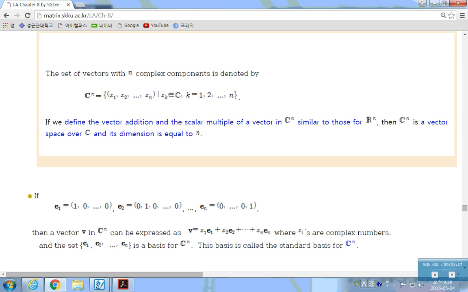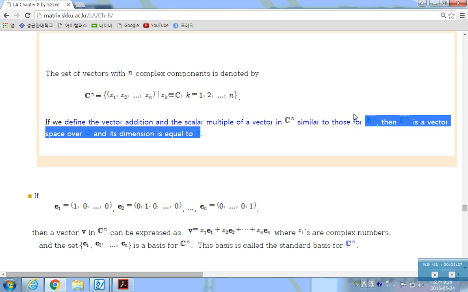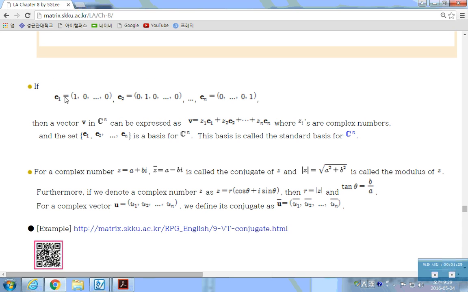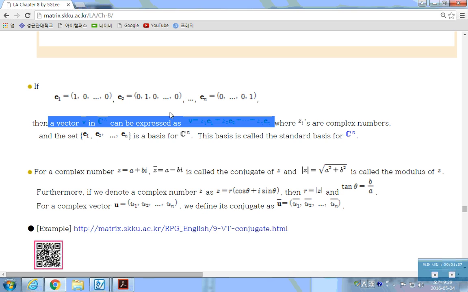Okay, the important thing is it's not R here. If Cn is a vector space over C, then its dimension is n. This is the important part that we explain. If the e_i can be written in this way, then a vector v in Cn can be expressed as a linear combination of these.